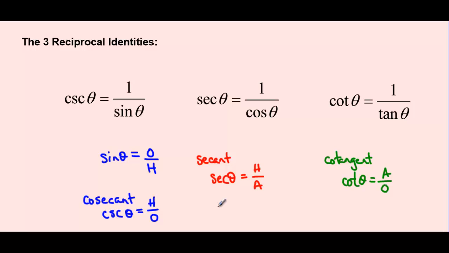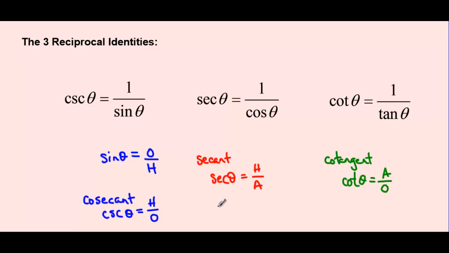Cosecant goes with sine, secant goes with cosine. So a way that I like to remember is that for every pair of a primary trig ratio and a reciprocal trig ratio, there can only be one word that starts with the word co. Tangent goes with cotangent, secant goes with cosine, and sine goes with cosecant.